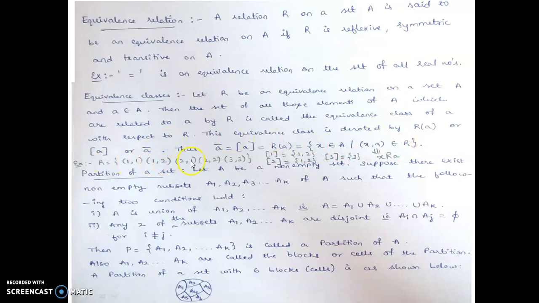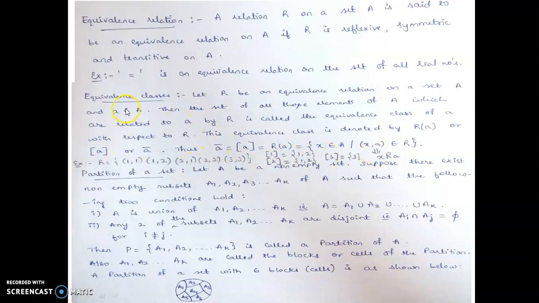So here is a relation wherein we have (1,1), (1,2), (2,1), (2,3), (3,1), (1,2), (2,2), (2,1), (1,2) and (3,3).